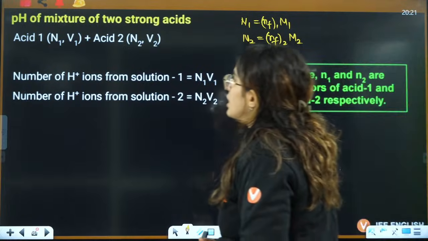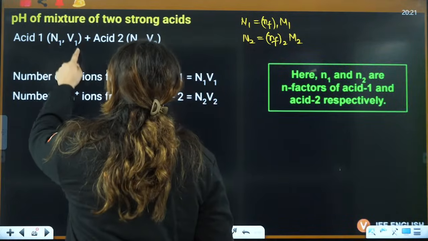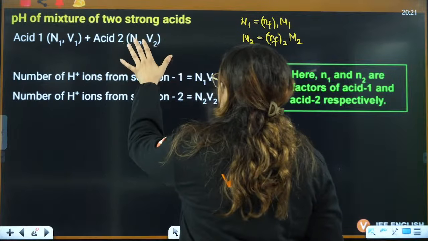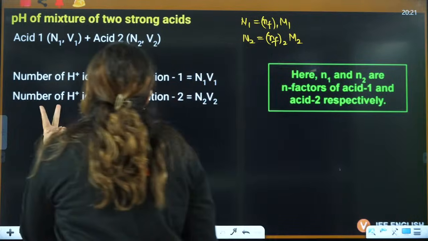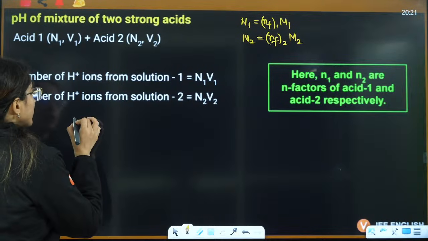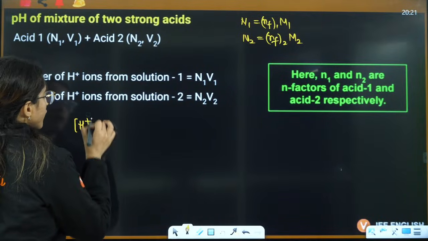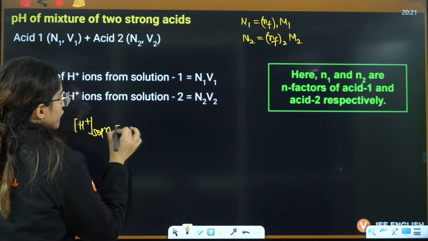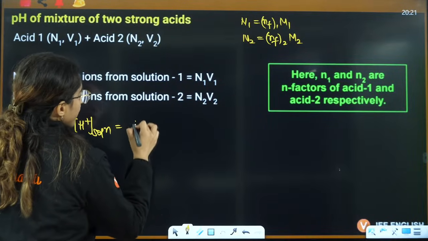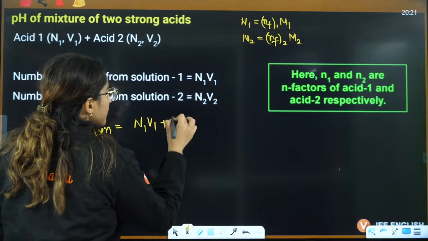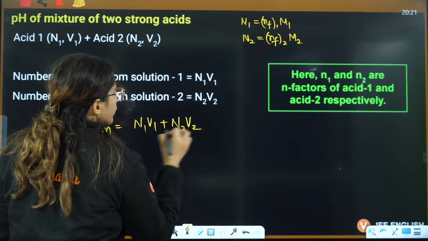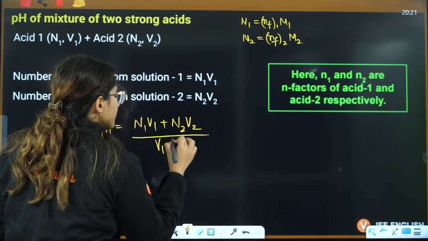So for acid 1 it is N1V1, for acid 2 it is N2V2. Whenever you have 2 acids, the total H positive of the solution will be N1V1 plus N2V2 divided by V1 plus V2.